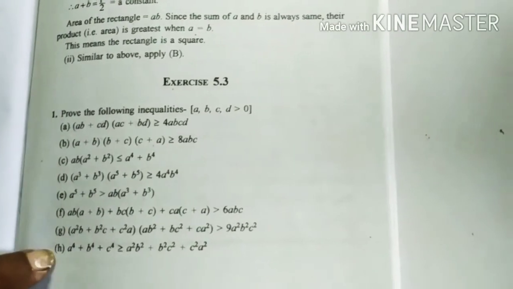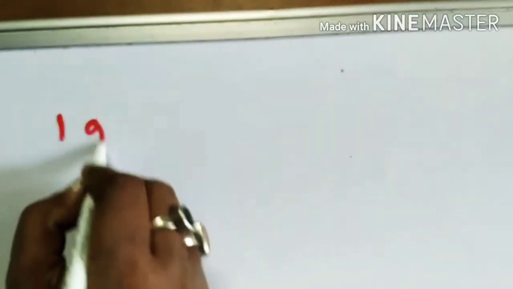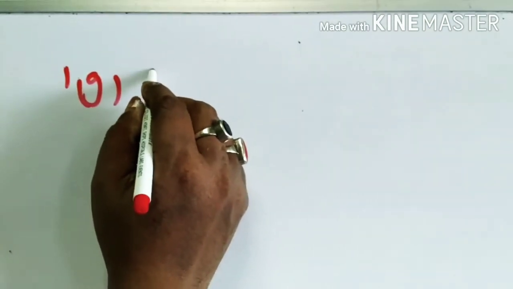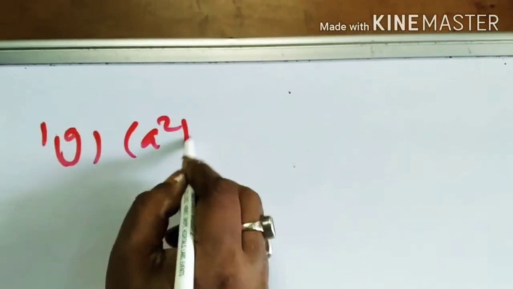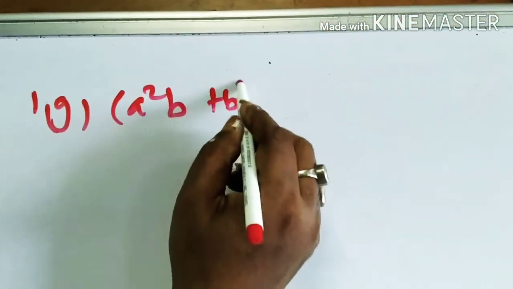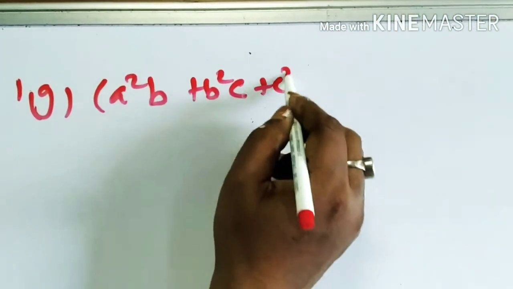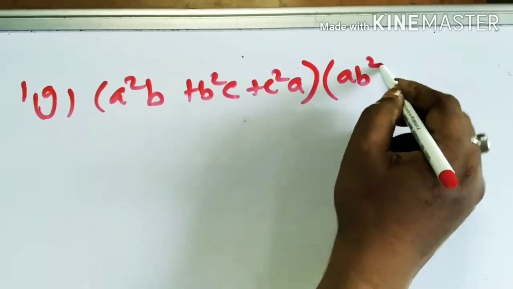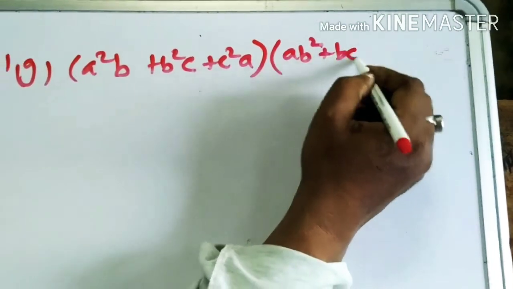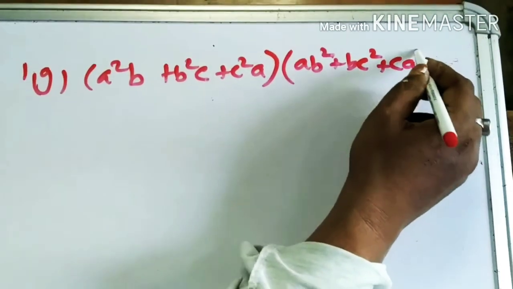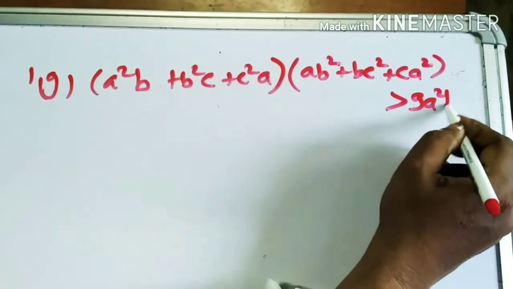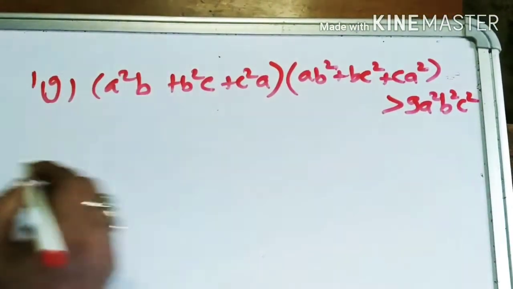And now I am going to do question number 1G. I have to prove (a²b + b²c + c²a)(ab² + bc² + ca²) greater than 9a²b²c².